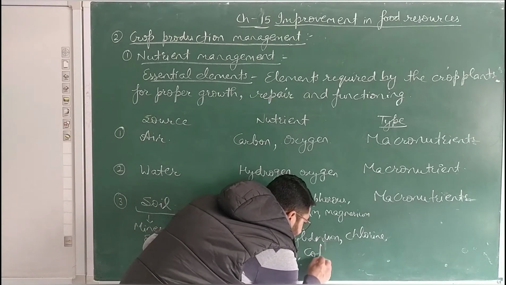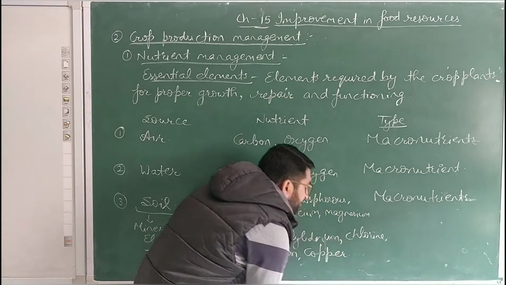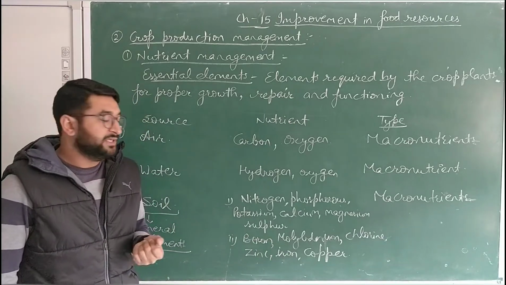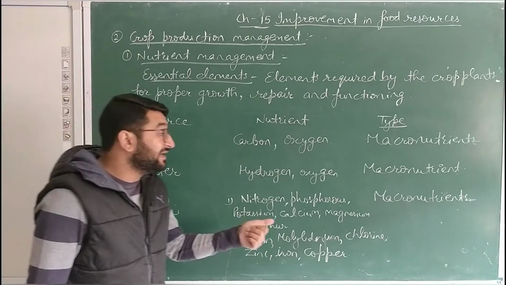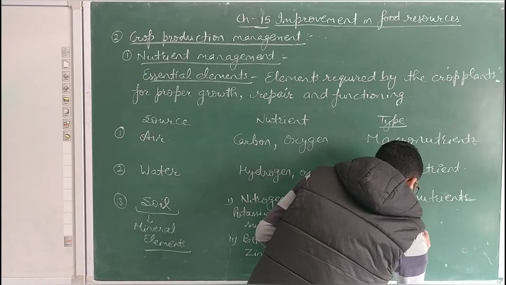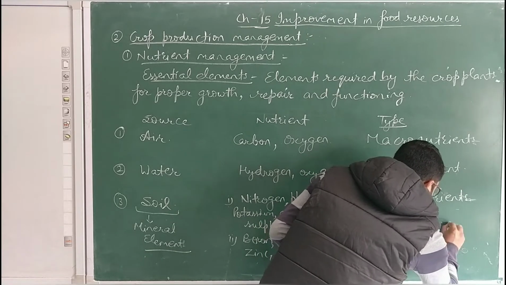Copper is also there. In Hindi, copper is referred to as tamba. So these are the nutrients which are required in less quantities. They are micronutrients.